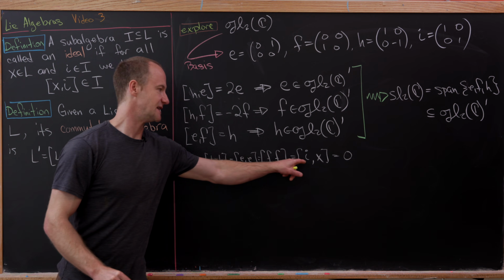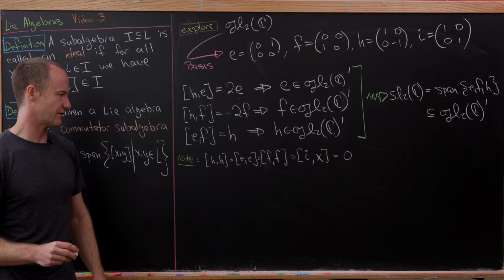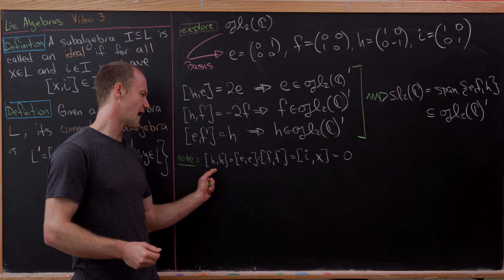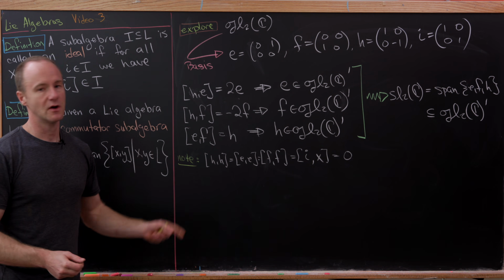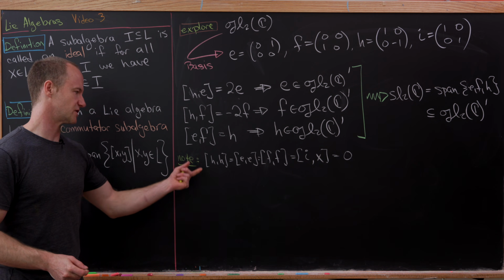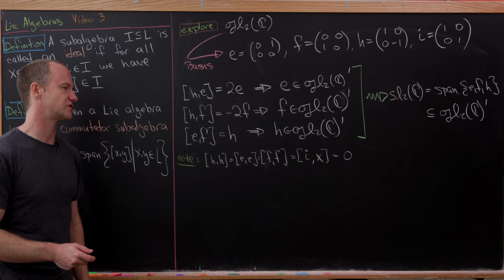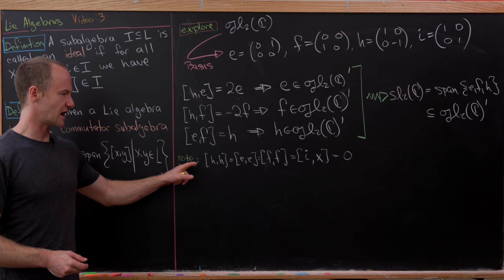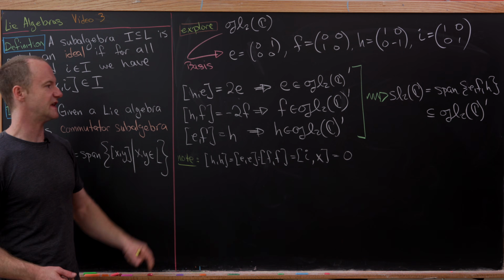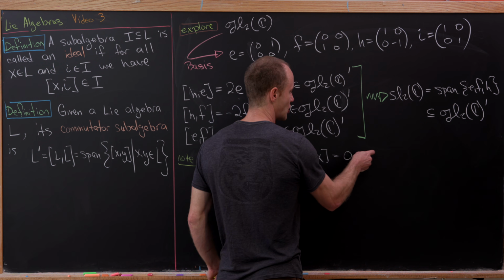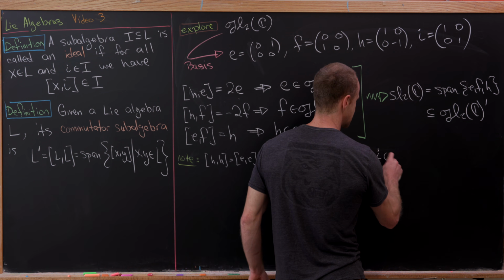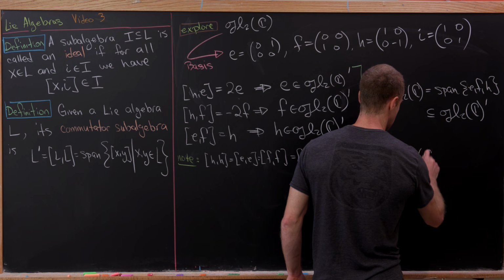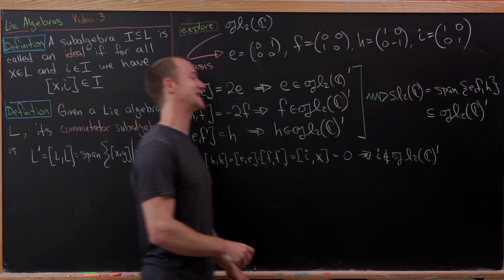That's because the identity matrix clearly commutes with everything, and everything commutes with itself. Or we also had this alternating property that tells you that the brackets of H with H, E with E, and F with F should all be 0. This observation, together with these bracket relations, shows us that I is in fact not an element of the span of E, F, and H. It's impossible to get there.